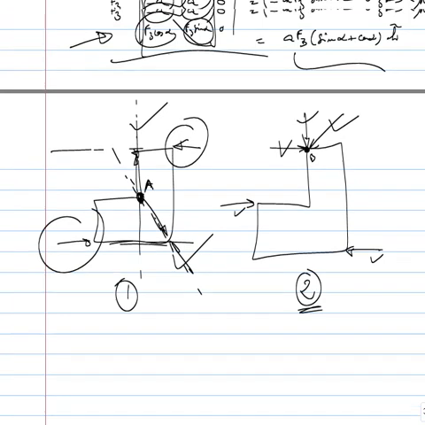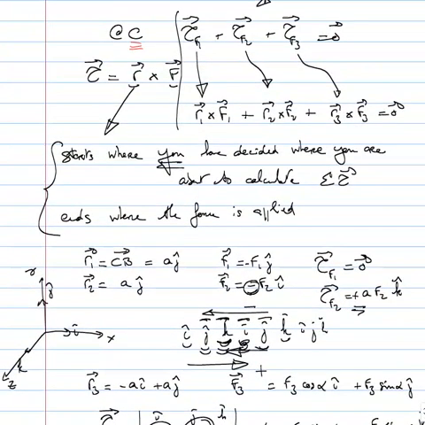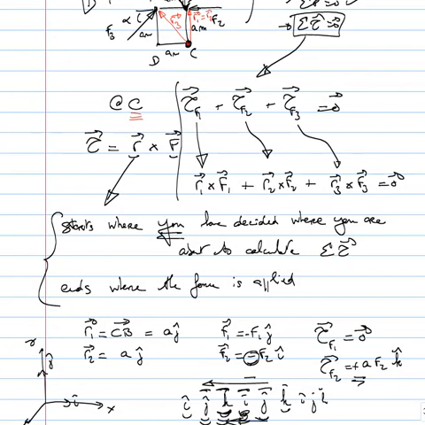Another key element of calculating the torque is to remember that you always need to make a choice of the point at which you're going to calculate the sum of the torques. Again, if you have static equilibrium, you can pick any point you want, but you have to be very clear about which point you choose, because that choice will have an effect on the value of your position vectors, which always start where you decided to calculate the sum of the torques and always end where the forces are applied.